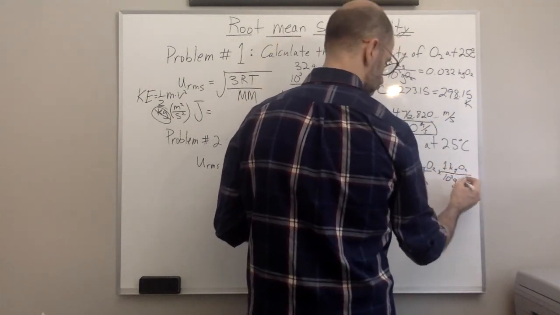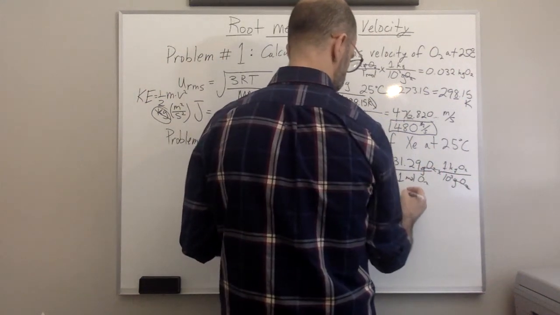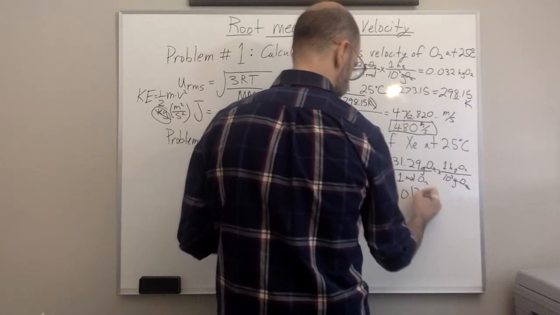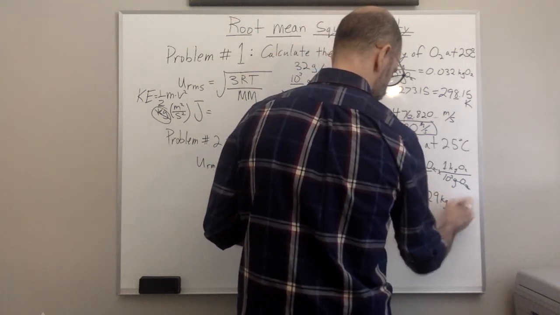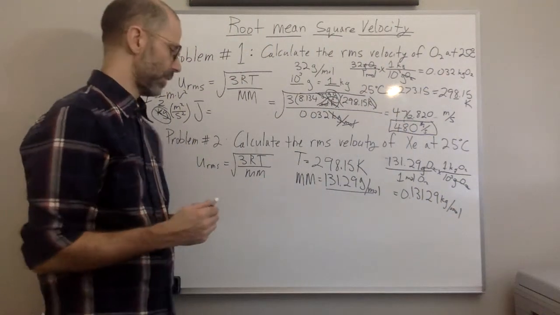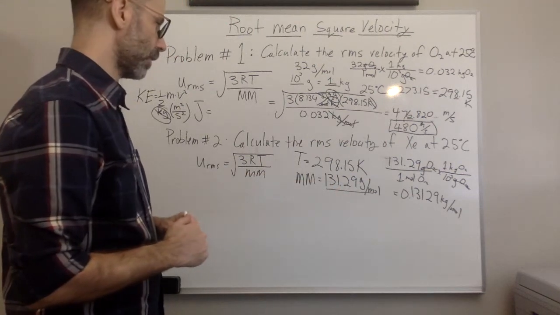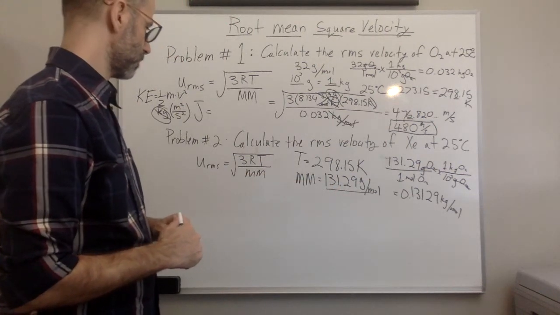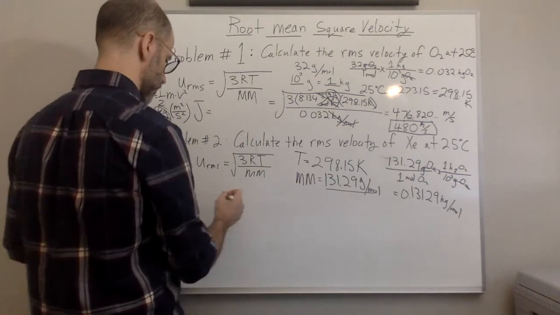Grams cancel out, and then I end up with 0.13129 kilograms per mole. Okay, so there's my molar mass for xenon. I have my temperature, so now I just plug everything in once again.